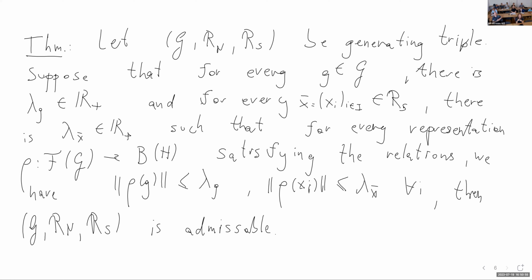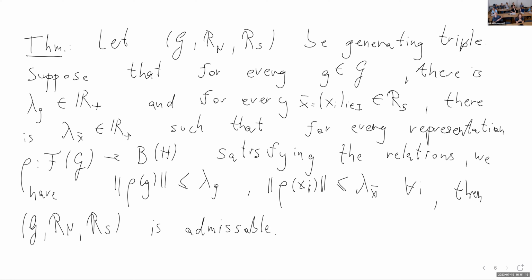So the idea, just before proving the theorem, just giving an example. Suppose I have one relation which is like the norm is less or equal than 1. Then for this only generator, this is going to be less or equal than 1, so it's going to be admissible.